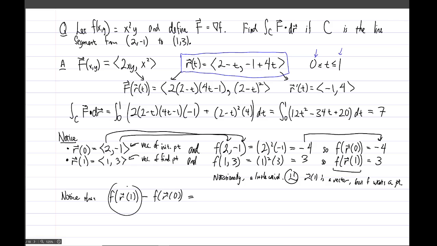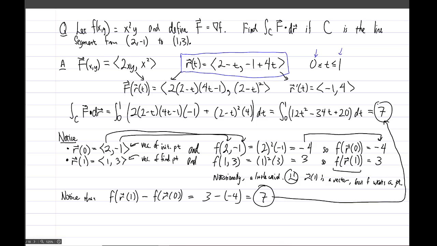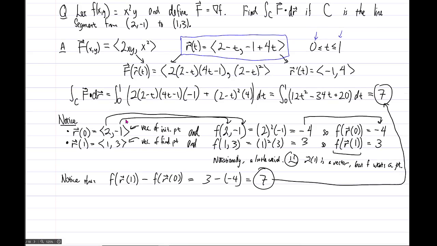Let's replace this with the positive 3 that we got, just taking that from right there. Then minus f of r of 0, which is negative 4. So minus negative 4. You get 3 plus 4, which is 7. And this 7 matches with the 7 we have here. This just seems like a random mess of things. I realize that. But here's really the point to make.